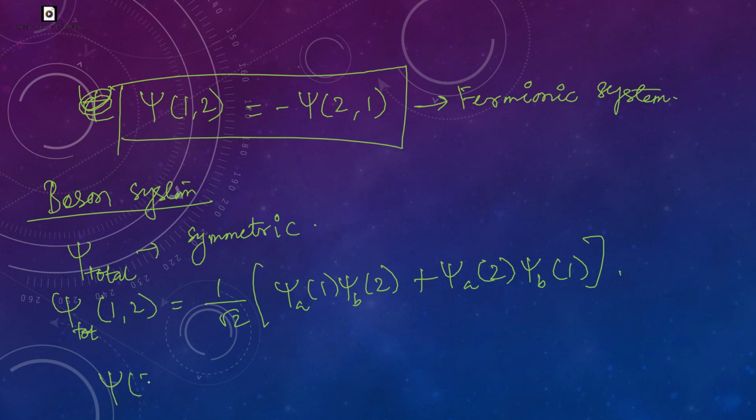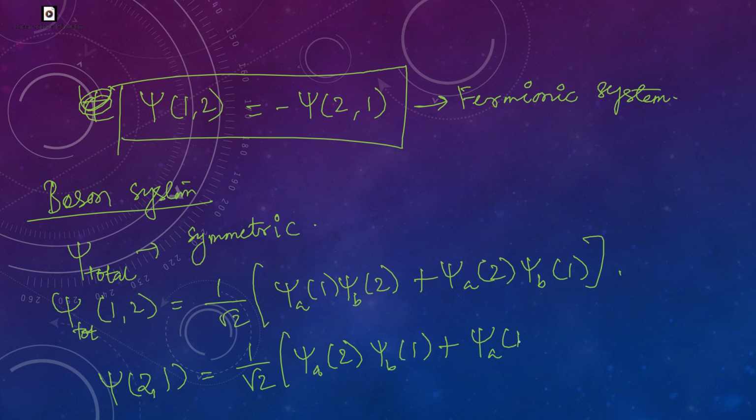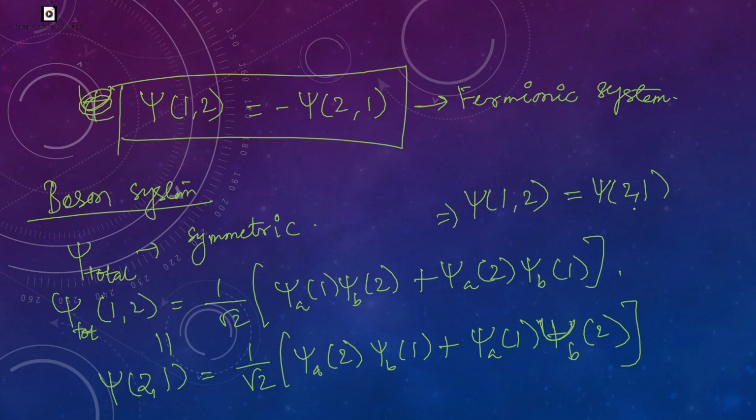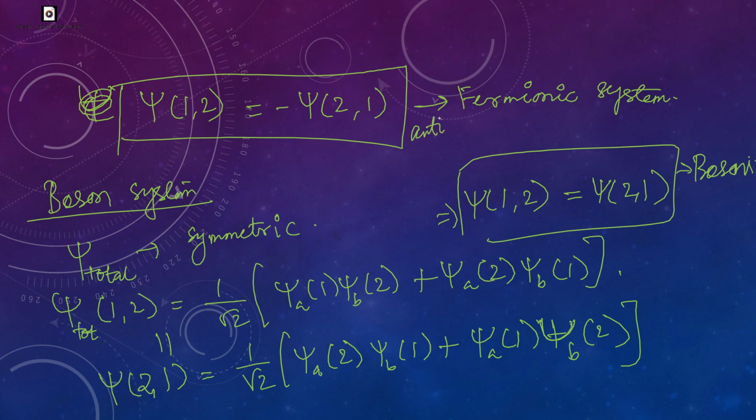Also if I write psi 2 1, that will be 1 by root 2 times psi A2 psi B1 plus psi A1 psi B2. So if you see, both are equal. So I can write psi 1 2 is equal to psi 2 1. This is your symmetric wave function for a bosonic system, whereas the earlier one was antisymmetric.